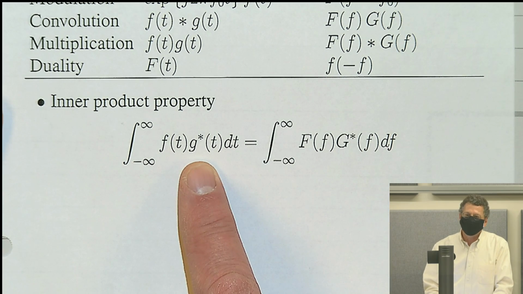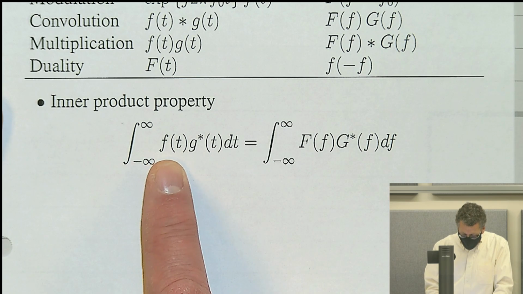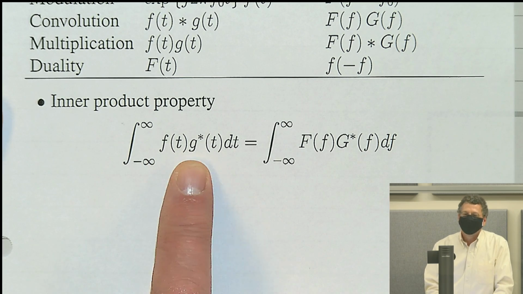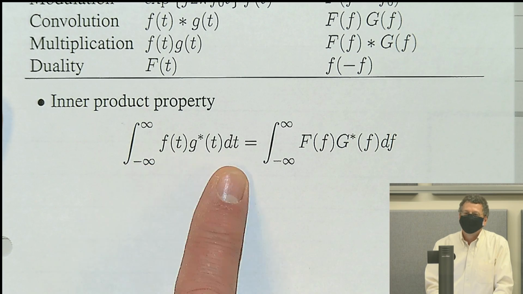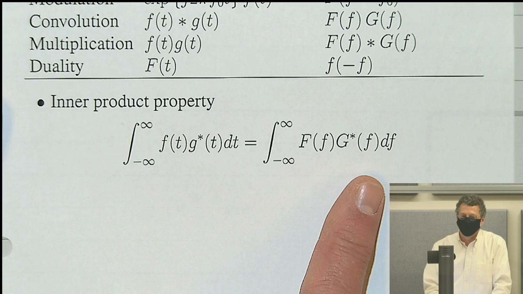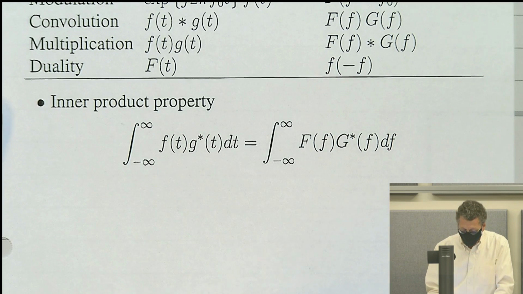So what that practically means is that if f and g are equal, then this inner product becomes a norm, and in particular it becomes the energy. So energy measured in time and energy measured in frequency are equal. That's very useful in a lot of applications. We'll talk about it later.